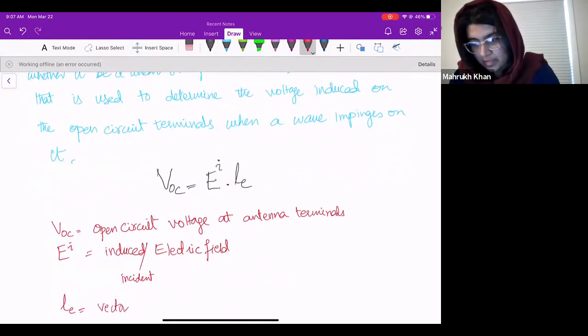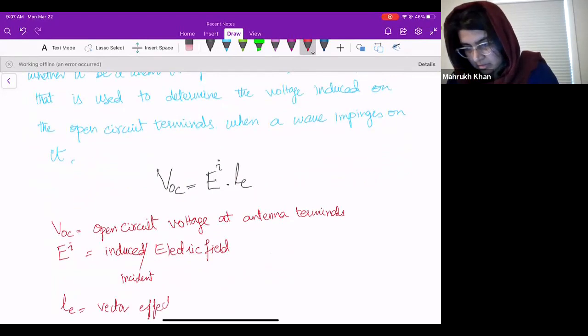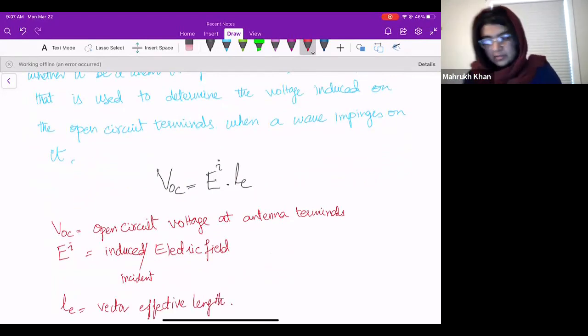We will talk about that in detail, though. But I just want to introduce this as a vector effective length.